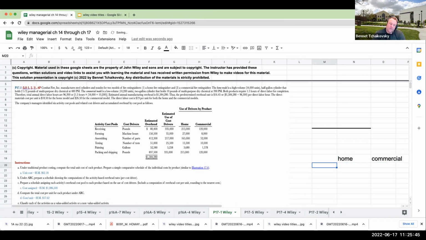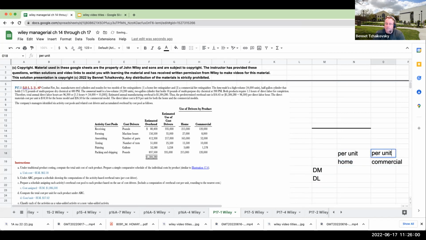For each of these parts, there's going to be direct materials and direct labor. The direct materials is on a per-unit basis: $18.50 per unit for the home and $26.50 for the commercial. The direct labor is $19 per unit for both the home and the commercial.